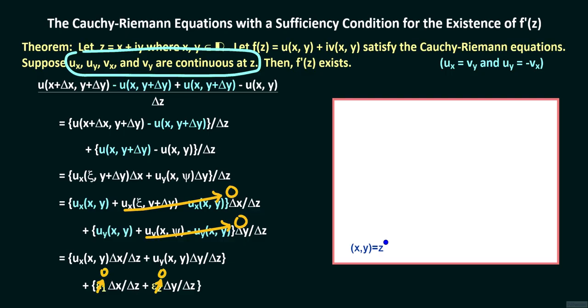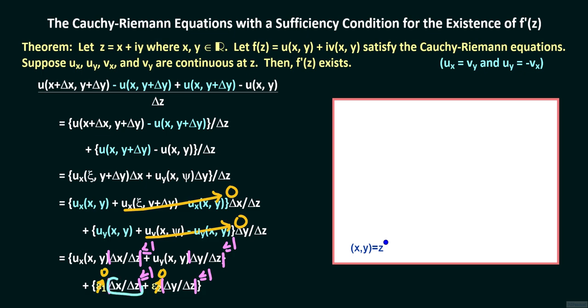Now, the absolute value of the real part of a complex number is less than or equal to the absolute value of the complex number, so that the absolute value of delta x over delta z is less than or equal to 1. The same thing is true for the absolute value of the imaginary part, so that the absolute value of delta y over delta z is less than or equal to 1.